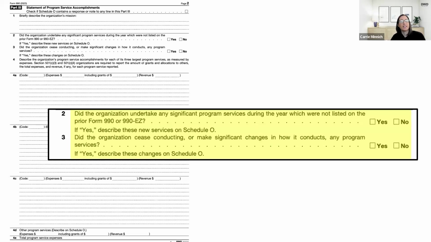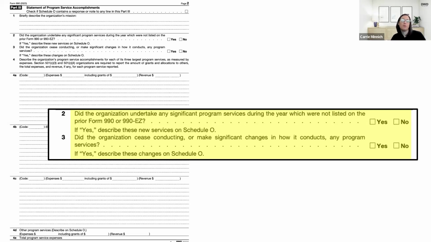The IRS asks if there are any significant changes to the organization during the year. First, we have to talk about what is significant. Let's say you have an organization that provides reading support to help kids learn how to read. Let's say during the year you added an additional program for adults with learning disabilities who need help learning how to read.